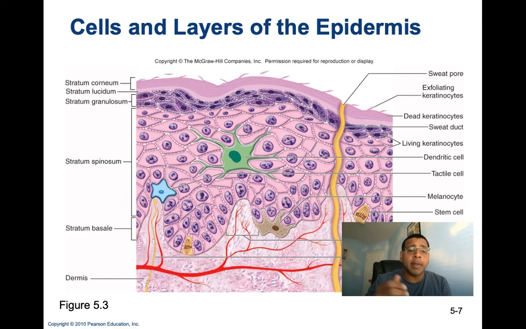Amongst these stem cells, we can also identify melanocytes we saw, keratinocytes that we have talked about, and our Merkel or tactile cells.